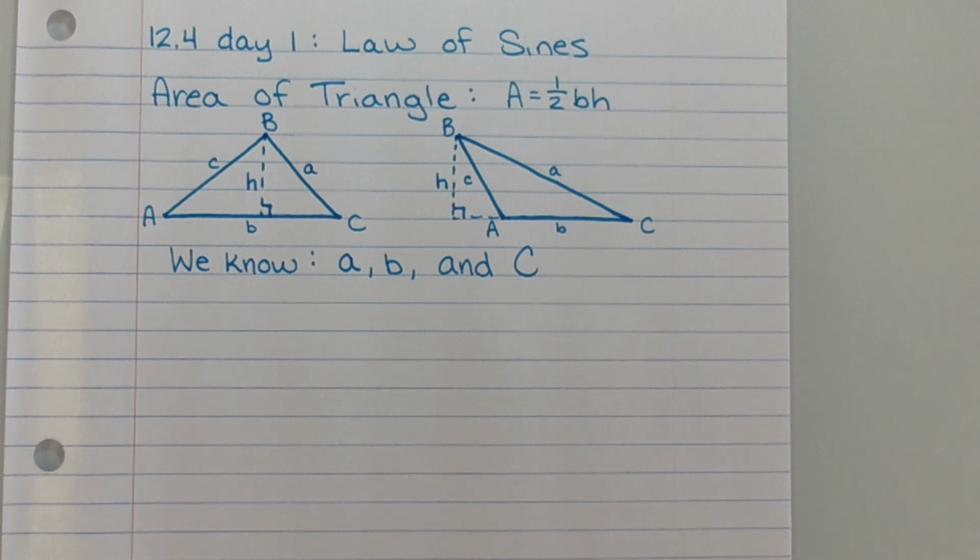Because not only do we know two side lengths, we know an angle. And if you know side lengths and angles, you can solve for missing side lengths and angles using either Pythagorean theorem or trig. But so far we've learned Pythagorean theorem and trig using right triangles. Are there right triangles hidden in our pictures? Yes.